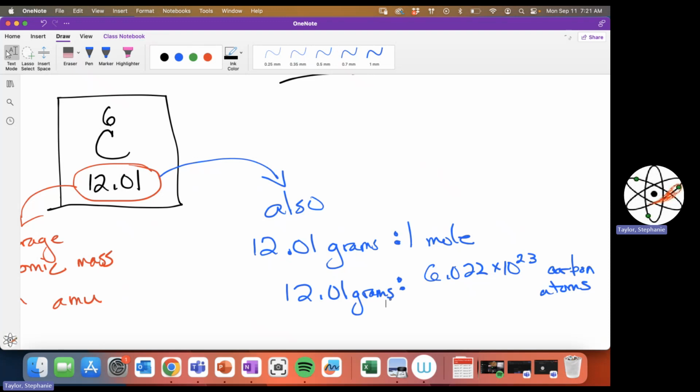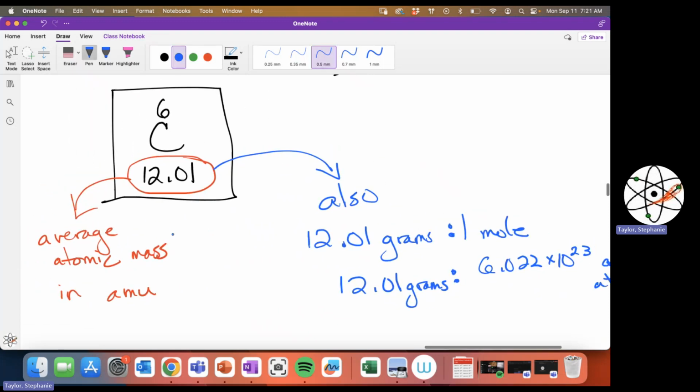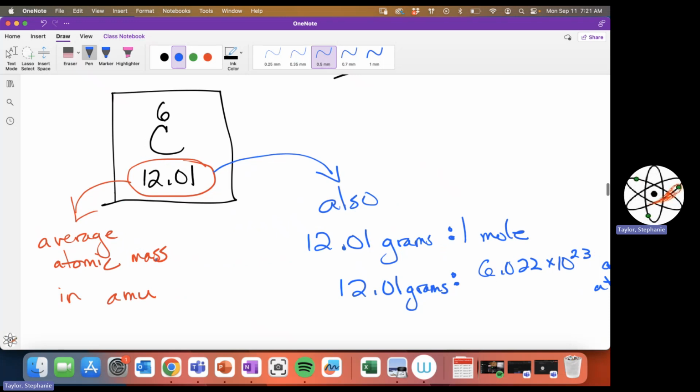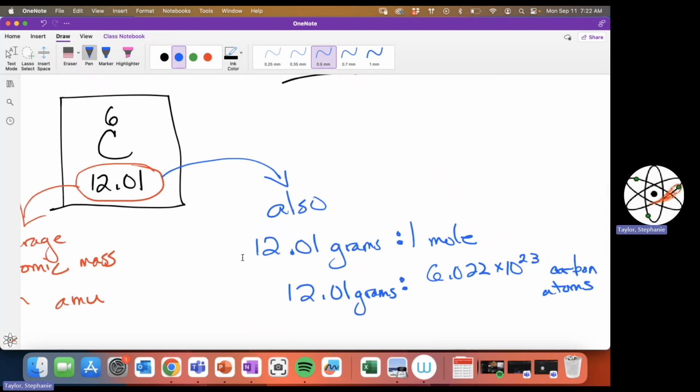So that's the other piece of this, that the AMU is an average atomic mass unit. So it's trying to talk about one atom, on that very, very small scale. The mole is trying to talk about things in real life, things that we can hold in our hand. So that's where we get this giant number.